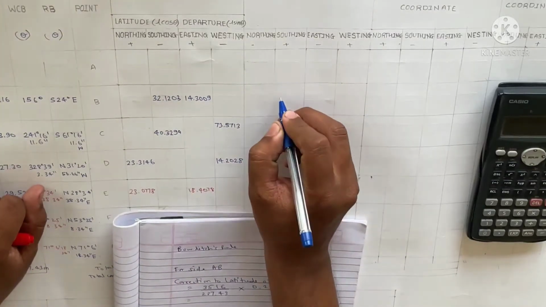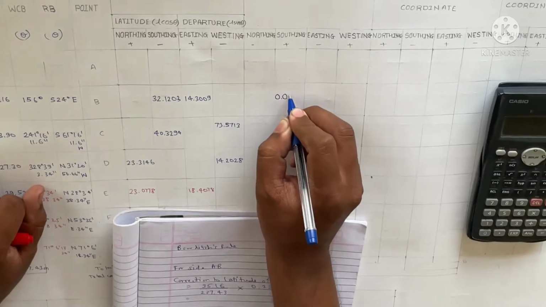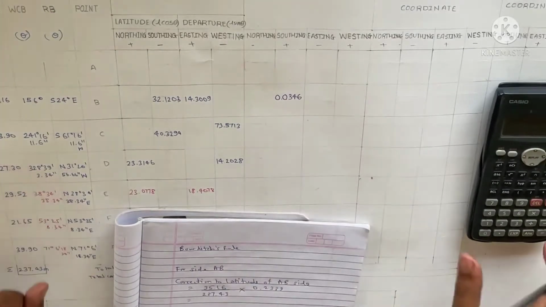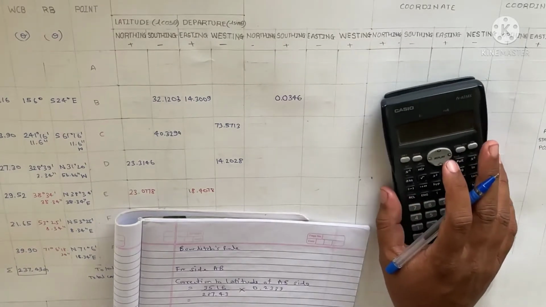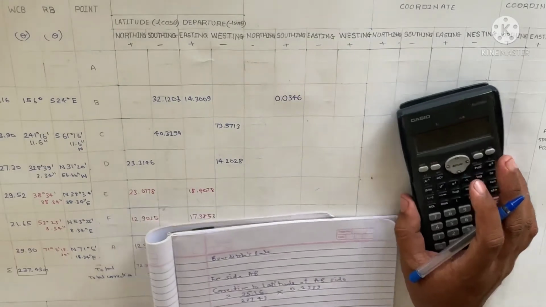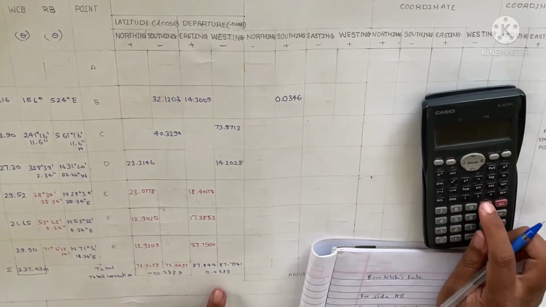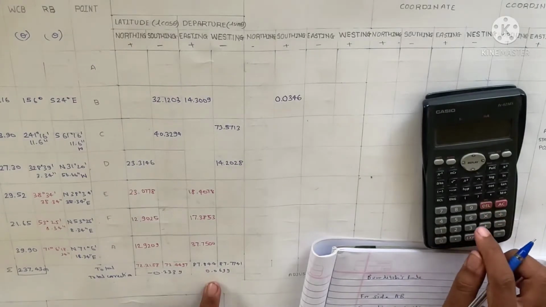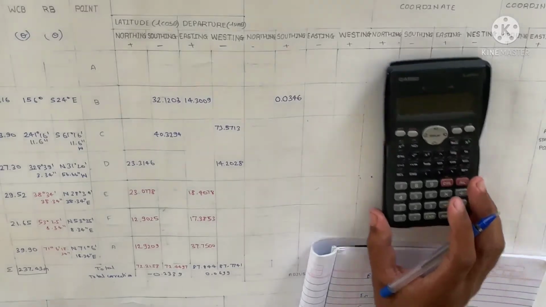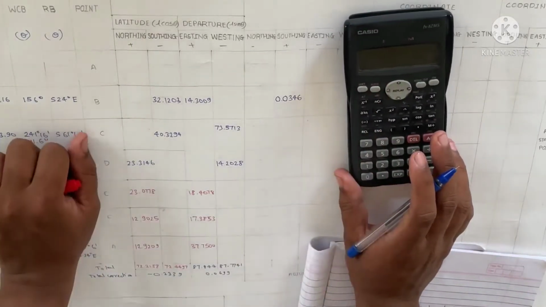So that value comes out to be 0.0346. Now in order to calculate the correction for the departure, the only change in the formula is the total error in departure, which is 0.0699. It comes out to be 0.01035, so we will take it as 0.0104.